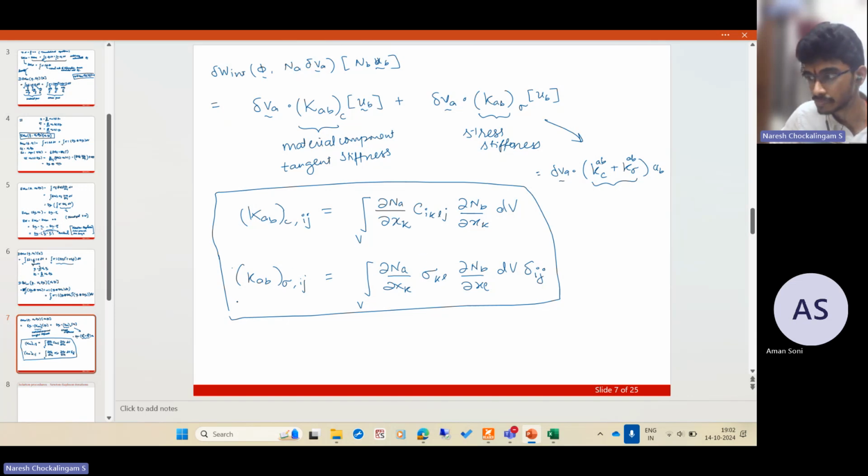Okay, Naresh, yes, the first part I'm getting, because for example, in general, we define a linear elastic problem regarding any beam or any column or any 1D element.